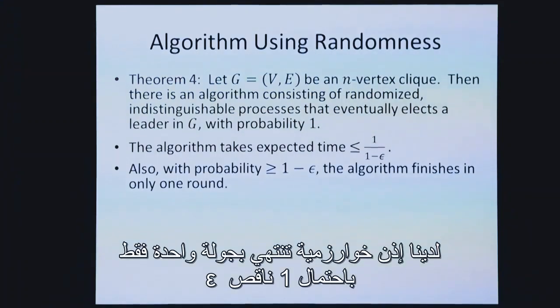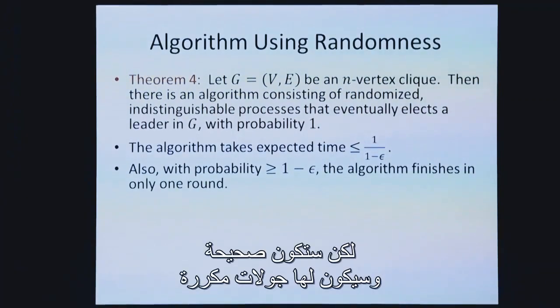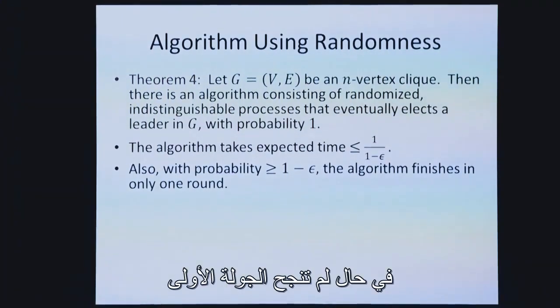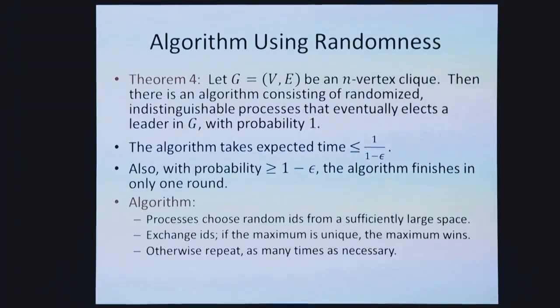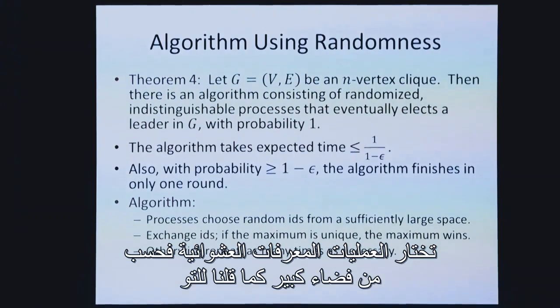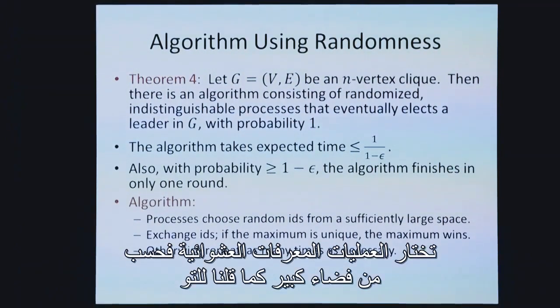You can get an algorithm that would finish in only 1 round with probability 1 minus epsilon, but it will be correct and it will have repeated rounds in case the first round doesn't work. The expected time is just 1 over 1 minus epsilon, not very big. What's the algorithm? Processes just choose random IDs from a big space, like we just said.